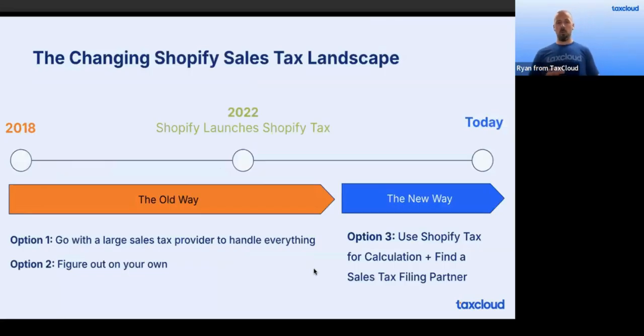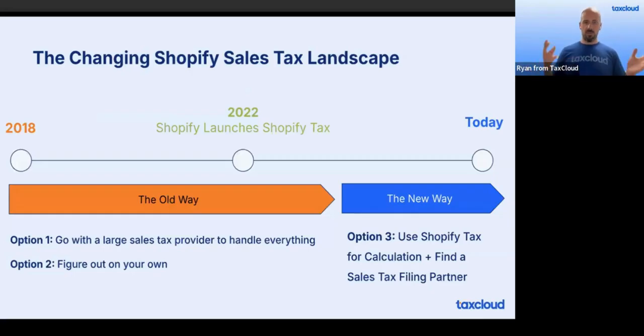I want to talk a bit about what we've seen through the lens of this Shopify sales tax landscape. And when I talk about landscape, I really just mean how are businesses solving sales tax problems for their business. There's sort of a timeline view that we've seen a lot of the brands that we talk to have gone through. And there's this period that we kind of put as 2018, where sales tax really became a big issue for growing e-commerce businesses, really up and through the last few years, that we call the old way.